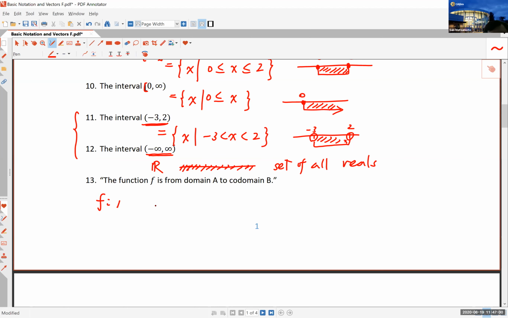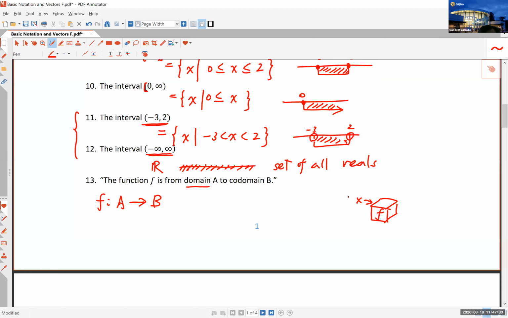Okay, so when we say a function has the domain A and a codomain B, you are probably familiar with the word domain. It's the set of all elements of the input of the function. You can sometimes draw a picture of a function like a box. This box is called f, a function. Something goes in. The thing that goes in is called an element of the domain, the set of all the input values.